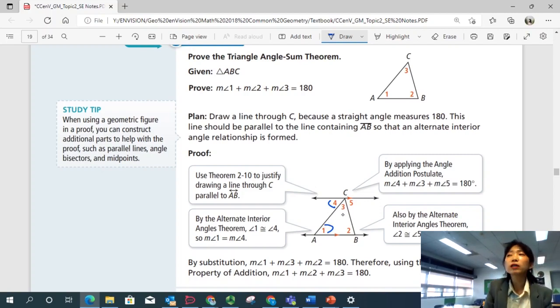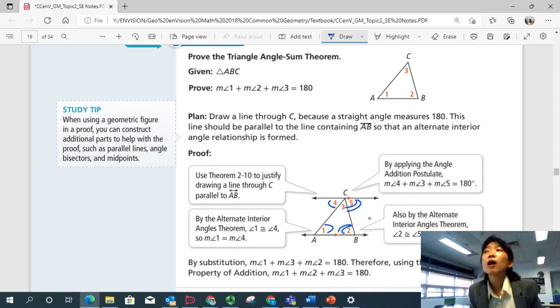And so they're equal to each other, right? And also, angles 2 and 5 are congruent to each other, so their measures are equal. So I'm going to draw two angle lines to show they're congruent because of the alternate interior angles theorem.